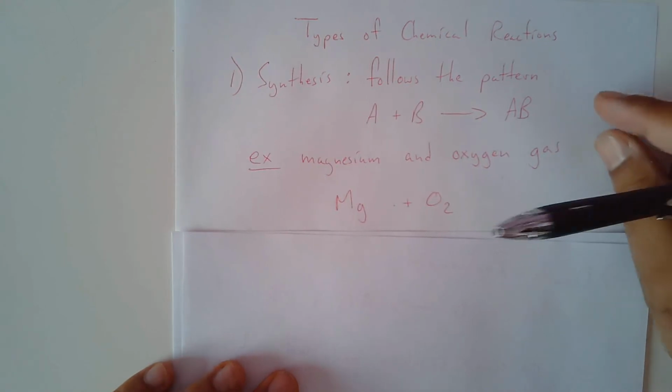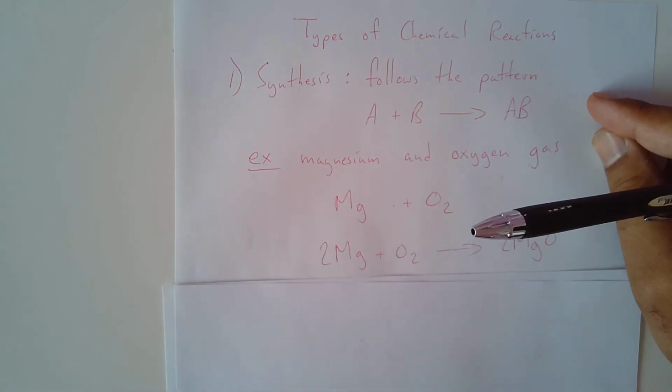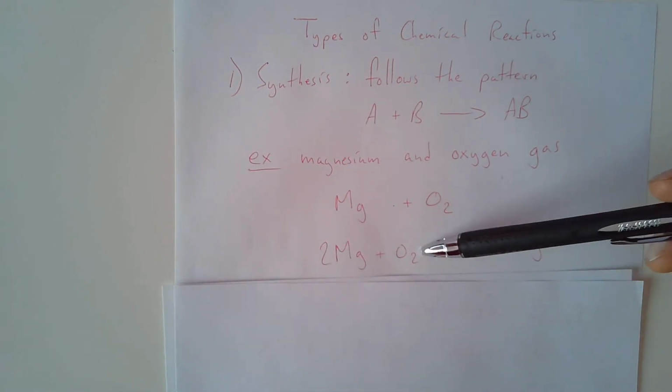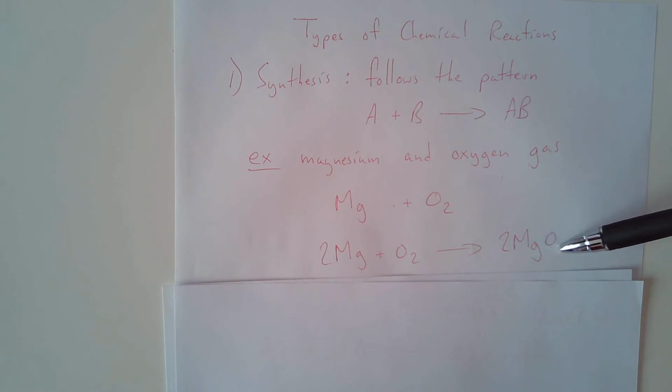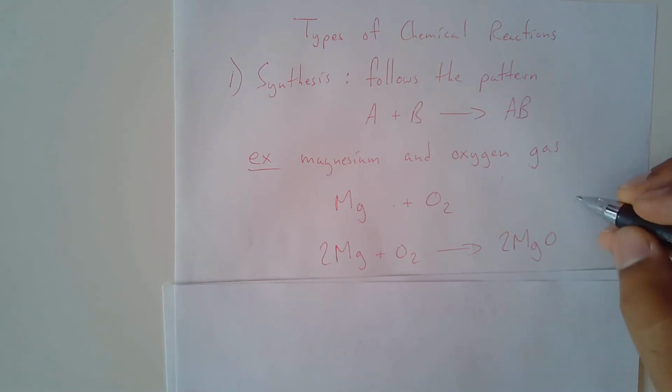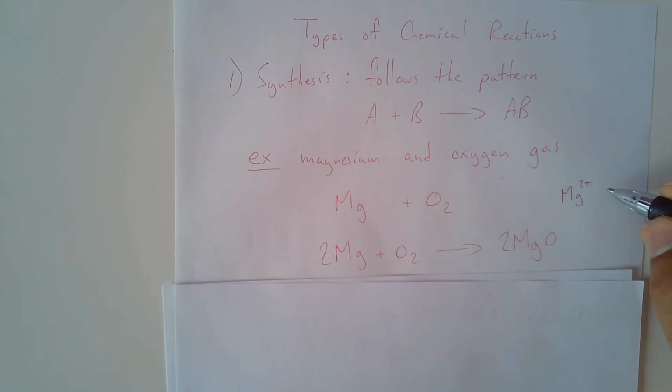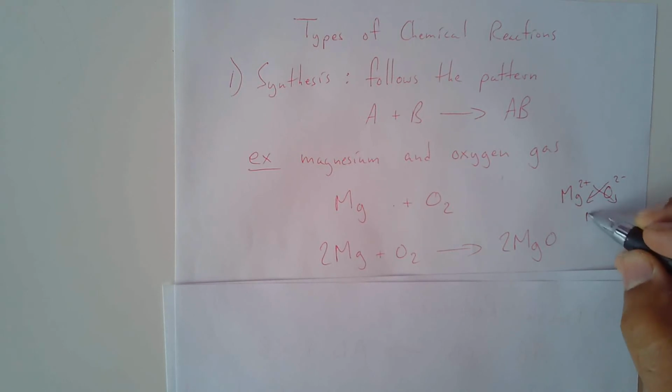Okay, so if we were to write out the reaction for this, that would be Mg plus O2 giving you MgO. And remember, when we're talking about how the Mg and the O combine, that's when you're using your combining capacities, right? So remember, Mg is 2 plus, oxygen is 2 minus, and then you get Mg2O2, but we want that simplified, so that becomes MgO.